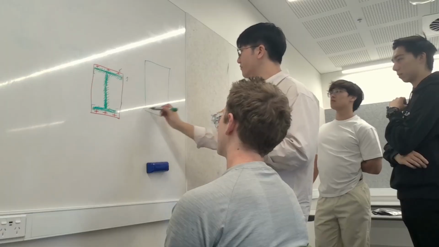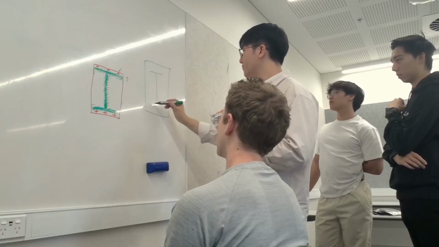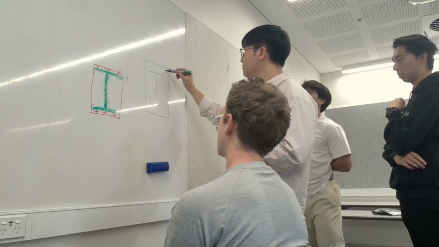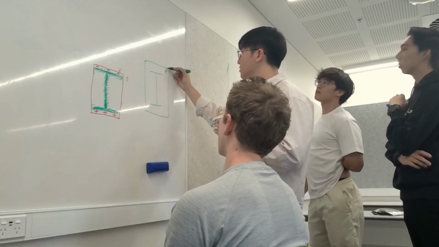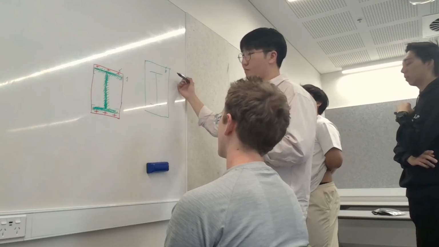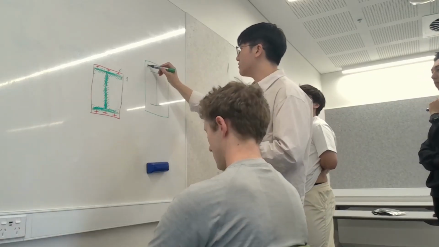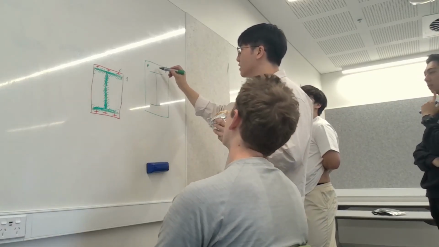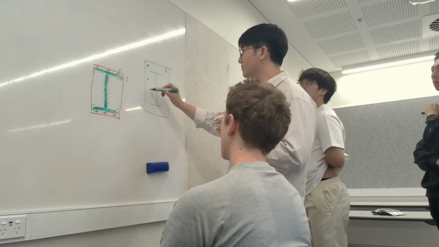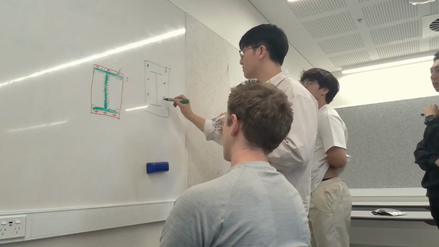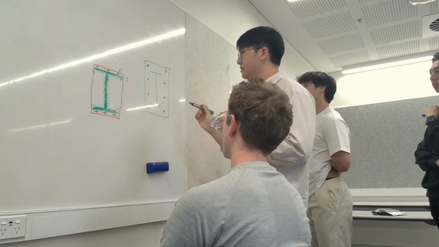Because basically, if you have an I-beam like this, you want enough space so the bolt's not too close to the edge of the plate, because it'll tear out. Yeah, potentially tear out. So you added one here, but I actually think it's more important to add them here. You know what I'm saying?